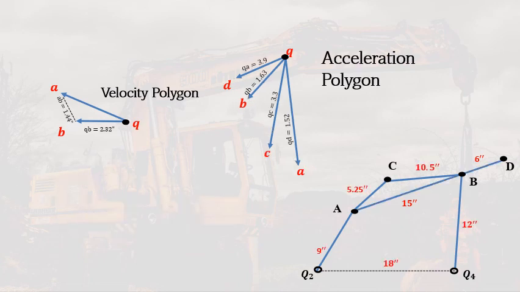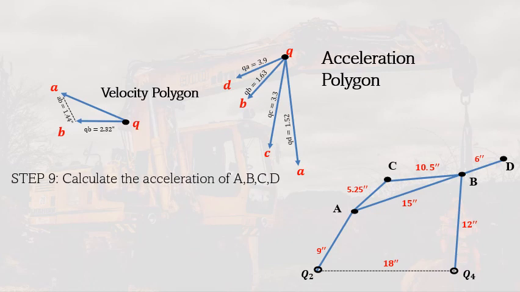So now we are going to measure them with a ruler. We see that QA is 3.9 inch, QB is 1.63 inch, QC is 3.3 inch, QD is 1.52 inch in the acceleration polygon. So we calculate the acceleration of A, B, C, and D, which are the unknowns, using an acceleration scale.